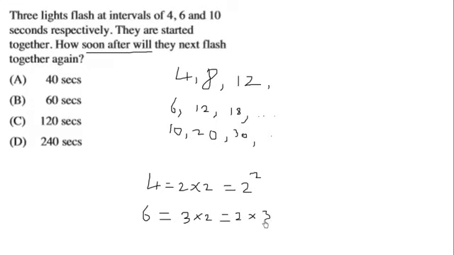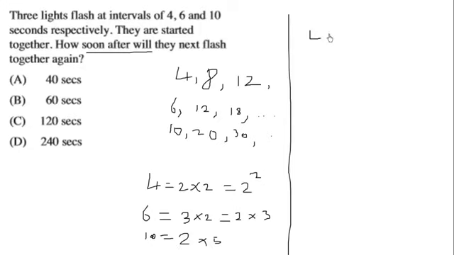And the prime factorization of 10 is 2 times 5. So for the least common multiple, we take the highest of the powers and multiply. For the 2, the highest power is 2 exponent 2.